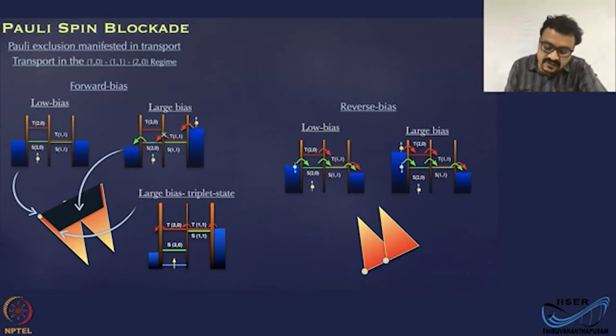So in this low bias configuration, only the spin down electron can tunnel, because the spin up electron needs to form a T20 state. That level is not accessible. So only the spin down electron can go through the system. But anyway, there are plenty of spin down electrons, so you will get the current through the system. Again, these are all in the single electron tunneling regime, so you will get a current through the system.